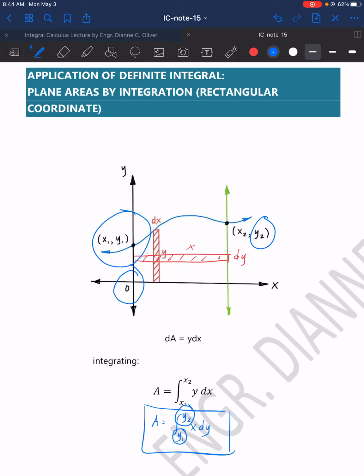It's not this point here, it's the origin, the lowest point at which your boundaries, the x and y axes, intersect. Therefore, the limits of the second formula become 0 to y2. So that should be the area of the figure if we're using the horizontal area strip.